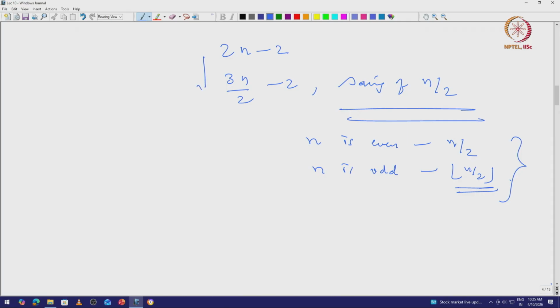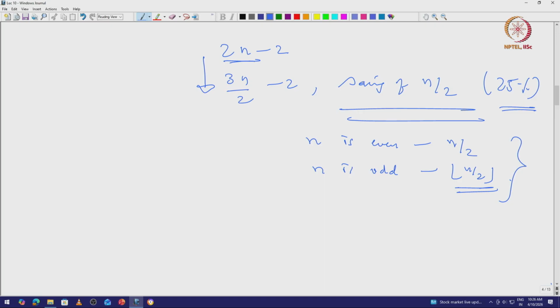You can see the reduction here is n by 2, and this saving represents 25%, because what is n by 2 to 2n? 1/4. What is the ratio between n by 2 and 2n? How much you are saving? 25%.